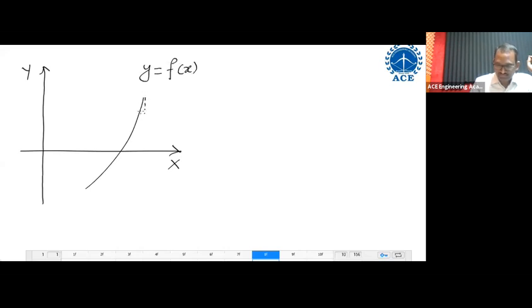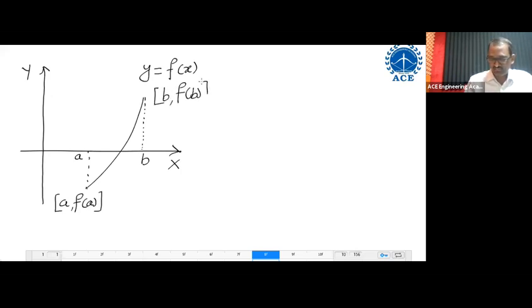Y is equal to f of x is a continuous function defined in closed interval AB. This is A, this is B. One endpoint of the curve is defined at A, so x coordinate is A, and then y coordinate should be f of A. Another endpoint of the curve is defined at B, so if I take x is equal to B, then y coordinate should be f of B. First just draw, after that I will explain the purpose of the intermediate mean value theorem.